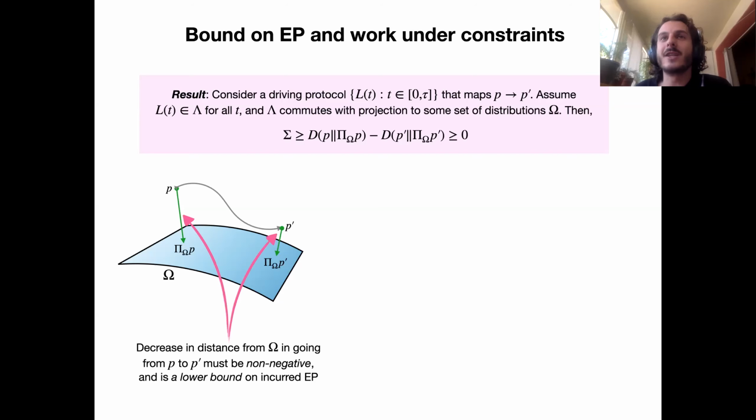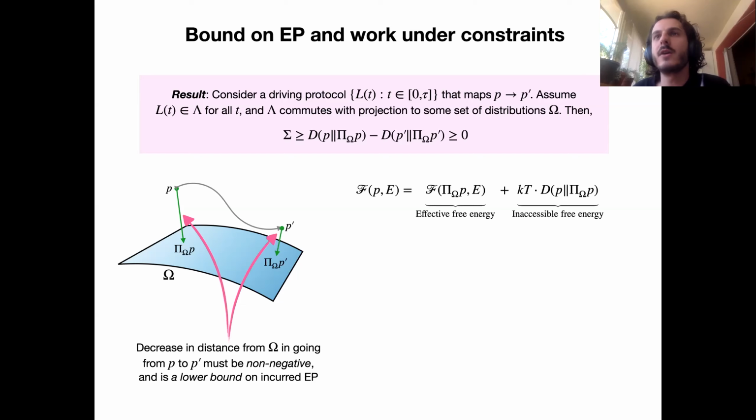It turns out that this also, under a mild condition in omega, lets us decompose the non-equilibrium free energy, which I write as this curly F here, into two terms. So the first is the effective free energy, and the second one is what we call the inaccessible free energy. So the effective free energy in P is actually just the effective free energy of a different distribution, which is P projected to omega.